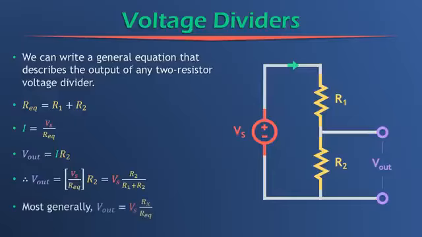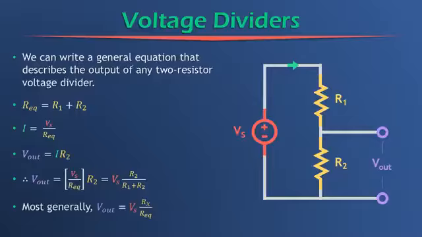Now, most generally, we can write an equation that says V out equals Vs times Rx over R equivalent. And what is Rx? Rx is the resistor you would like to find the voltage across, and R equivalent is, again, the total resistance.